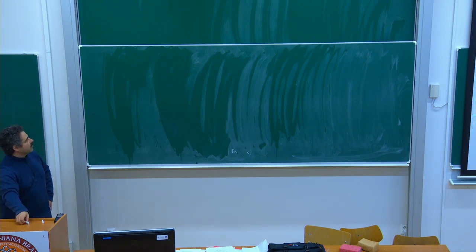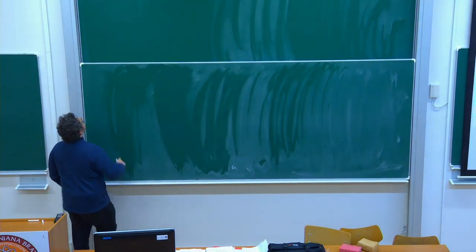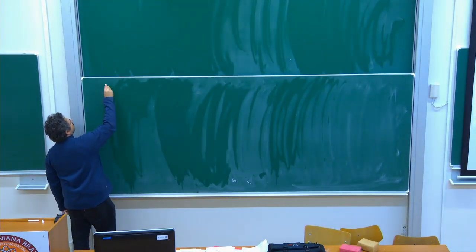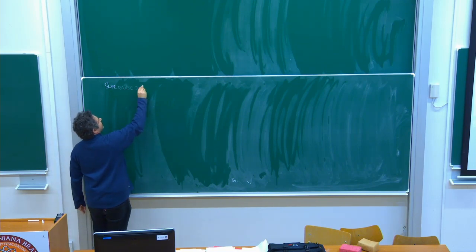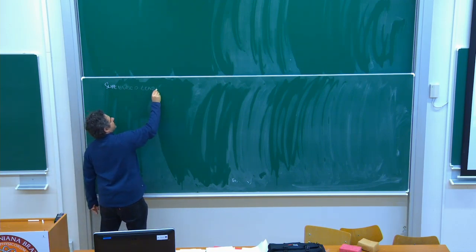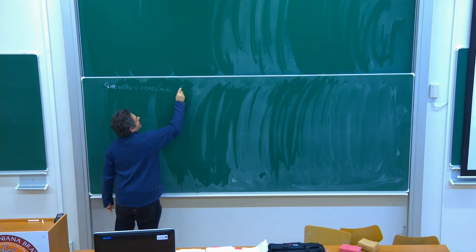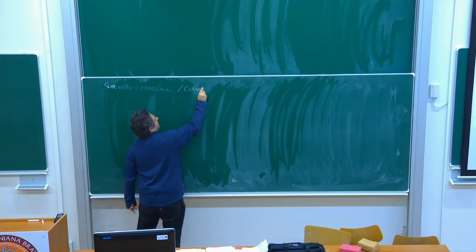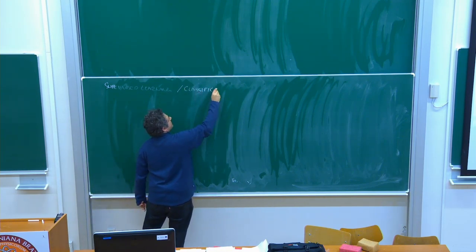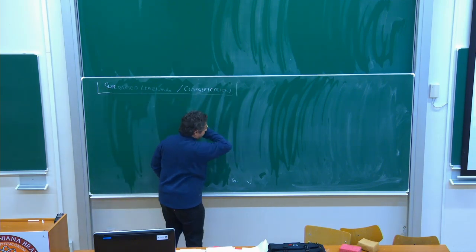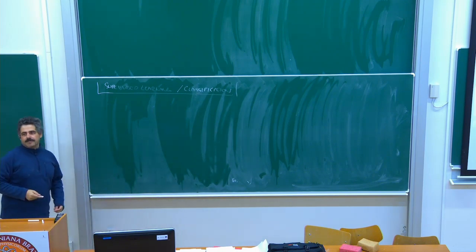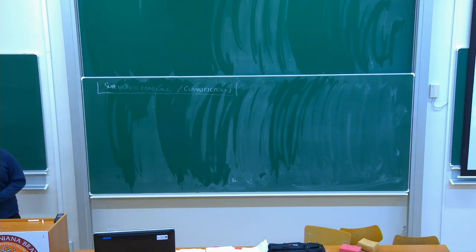So now I want to switch to a different problem, which is called classification. So this we are still doing supervised learning. But now it's not regression, now it's classification. And the question is why it's not the same. What's the difference?